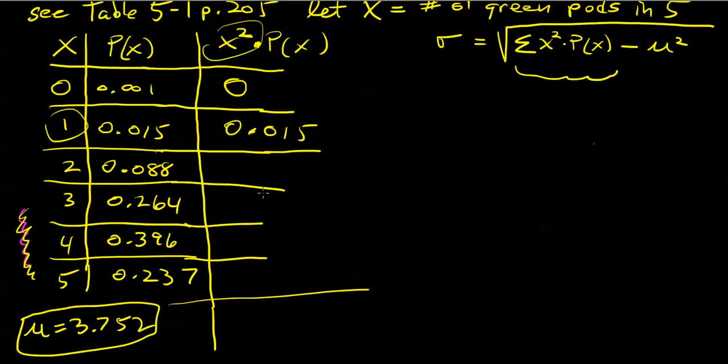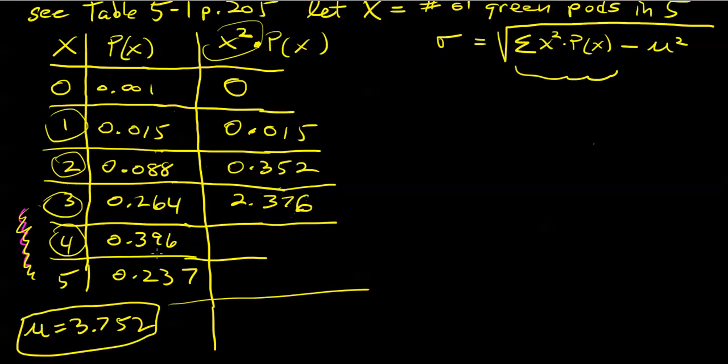I've worked these out already. 2 squared is 4, and 4 times 0.088 is 0.352. 3 squared is 9, and 9 times 0.264 is 2.376. 4 squared is 16, and 16 times 0.396 is 6.336.